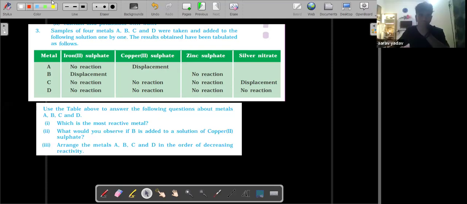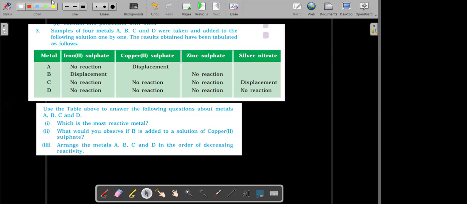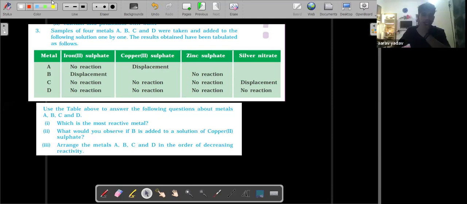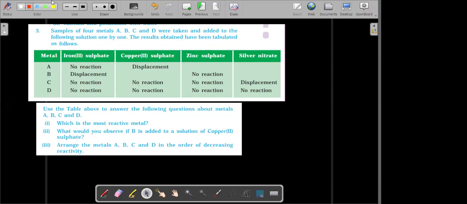Yeah, Arav, which is the most reactive? Sir, B, because it displaces iron. Okay, so to understand this, first we understand out of these solutions, which one is the most reactive metal?